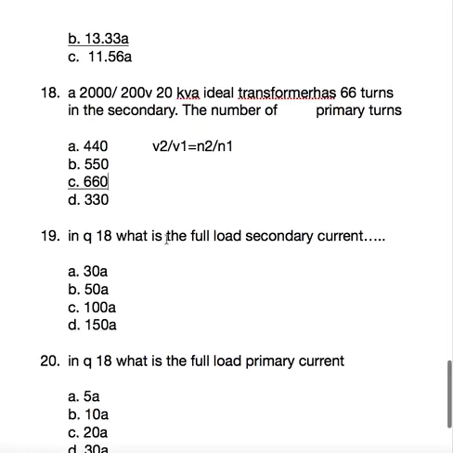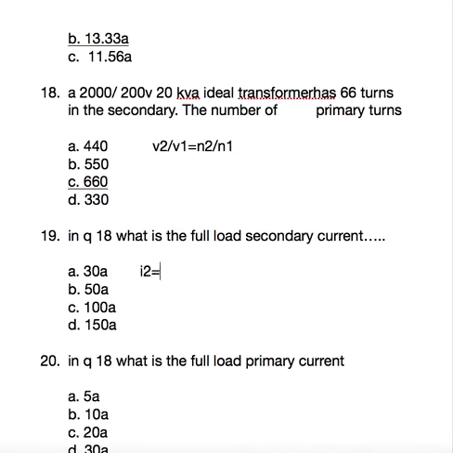Next question, what is the full load secondary current? We have to find the secondary current I2. Same formula, where we use 20 kVA, the given power, and the voltage.